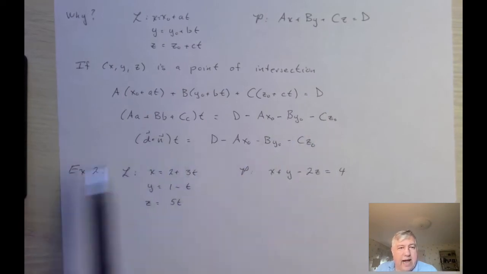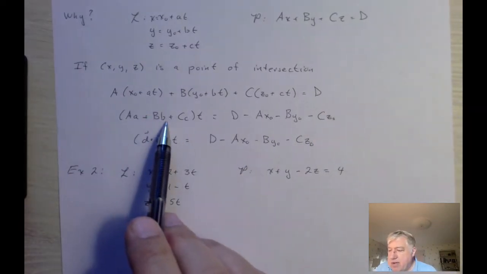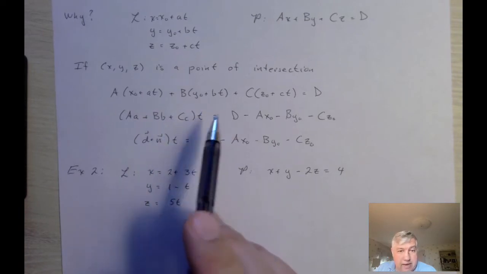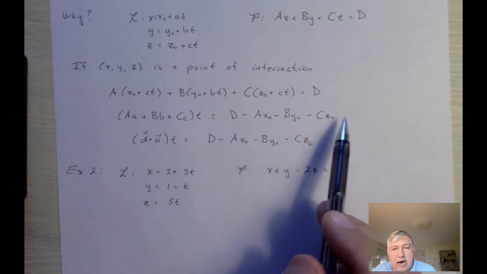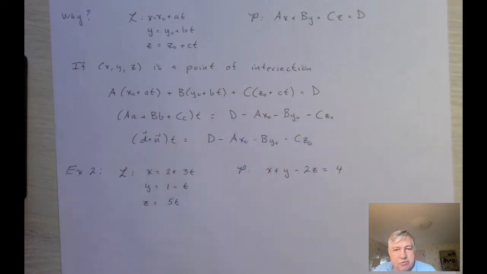I skipped a couple of steps, but we can multiply everything out, put some stuff on the other side, factor some stuff out, and what we get is big A little a plus big B little b plus big C little c, times this parameter t, is equal to a constant over here, which is already given, because the x0, y0, z0 are constants.